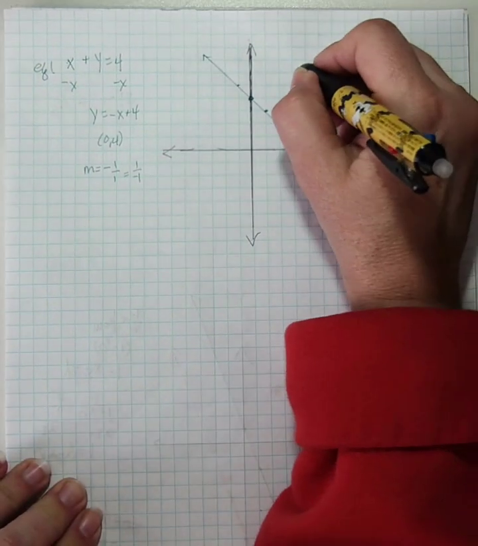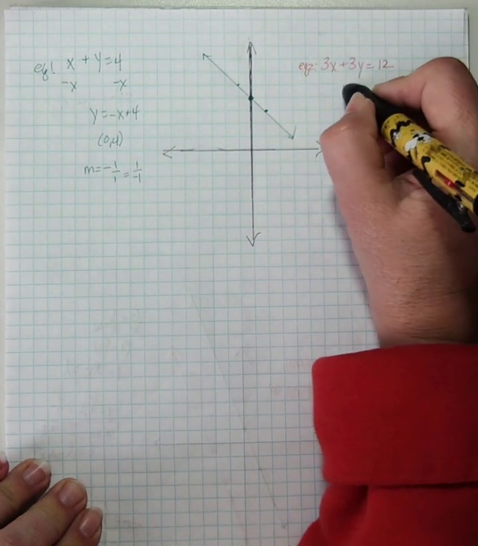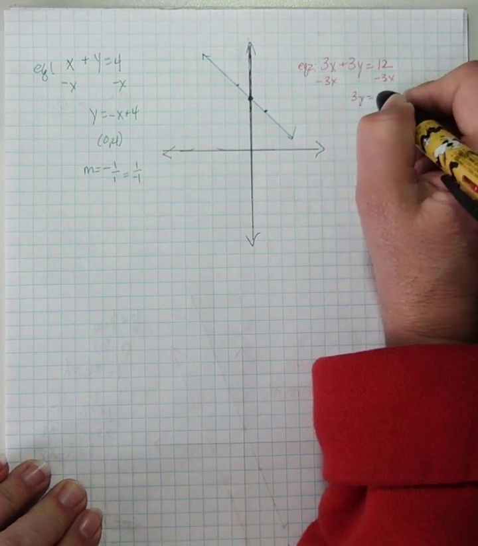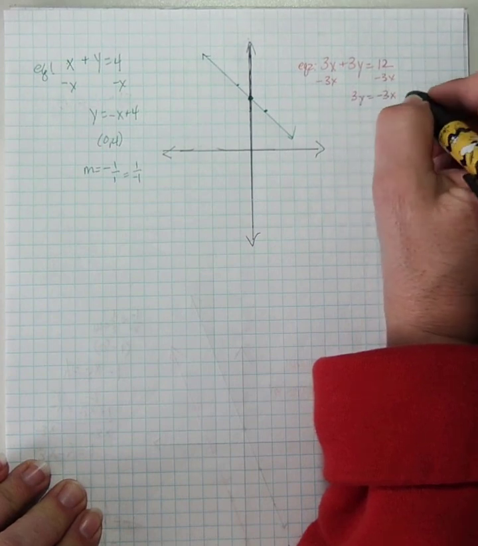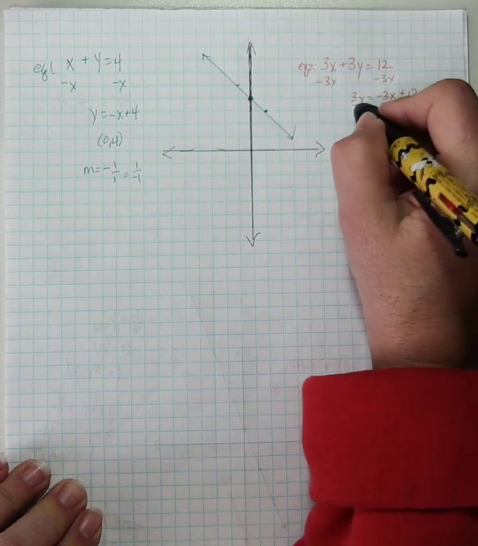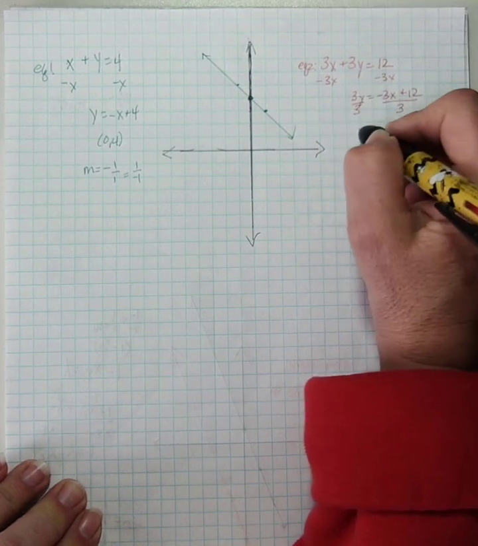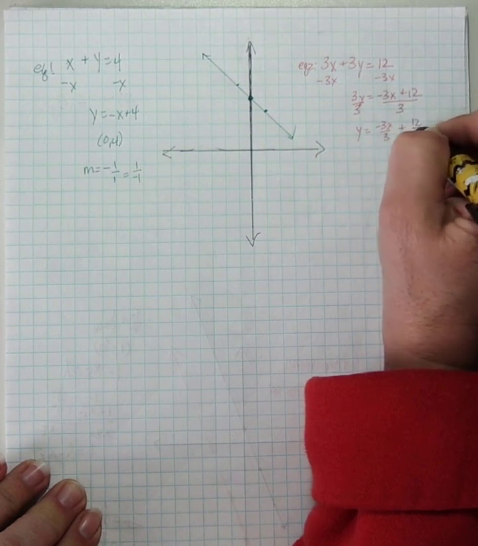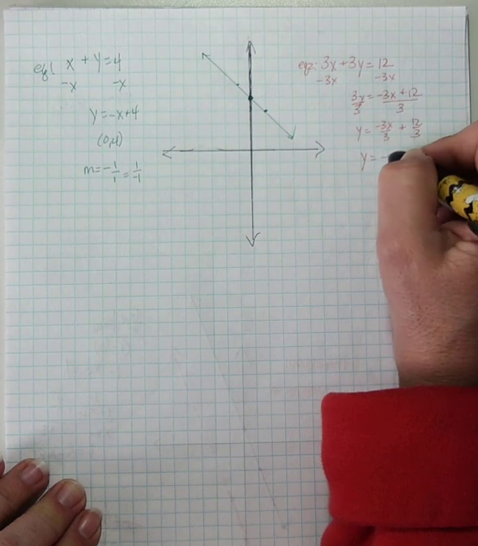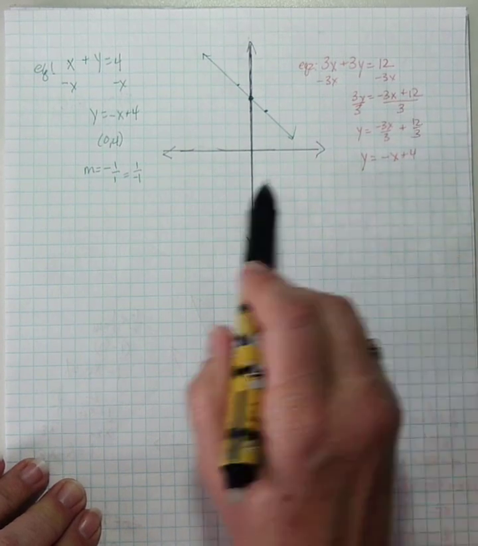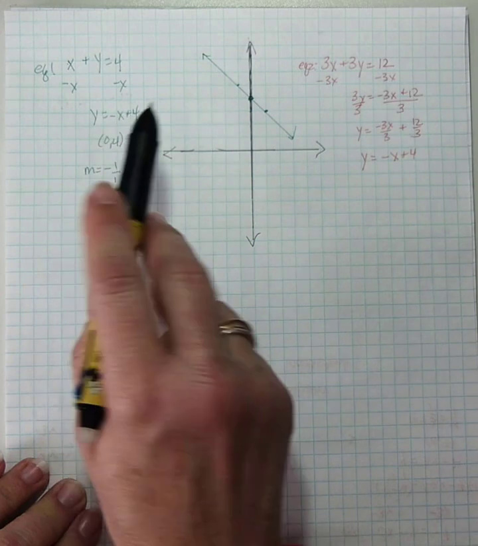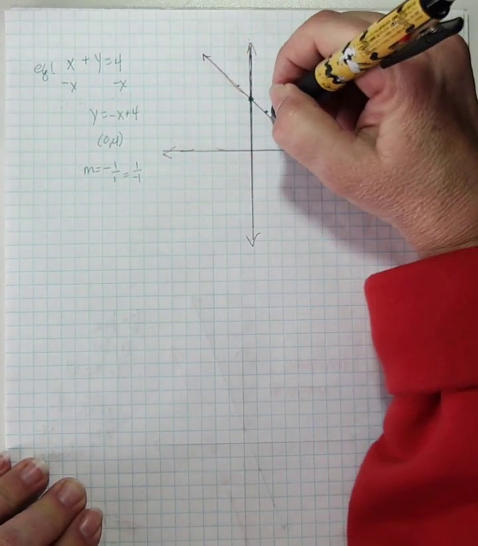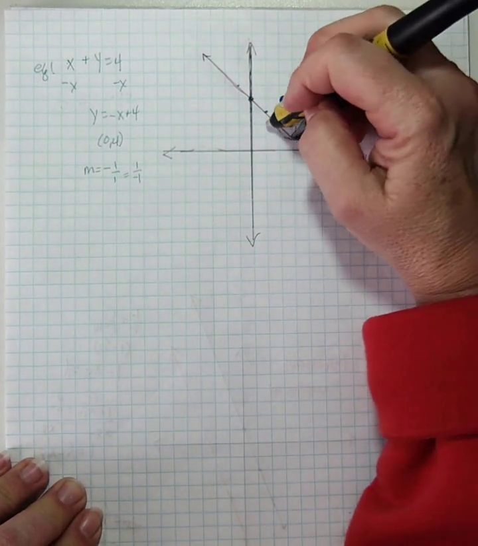Now I'm going to do equation 2. Solve for y, so I'm going to subtract 3x from both sides. So I have 3y equal negative 3x plus 12. Now I divide this side by 3, and I divide that side by 3. So y equal negative 3x over 3 plus 12 over 3. Or y equal, look at this. These are identical lines. So when I graph it, every point is the same on these two.